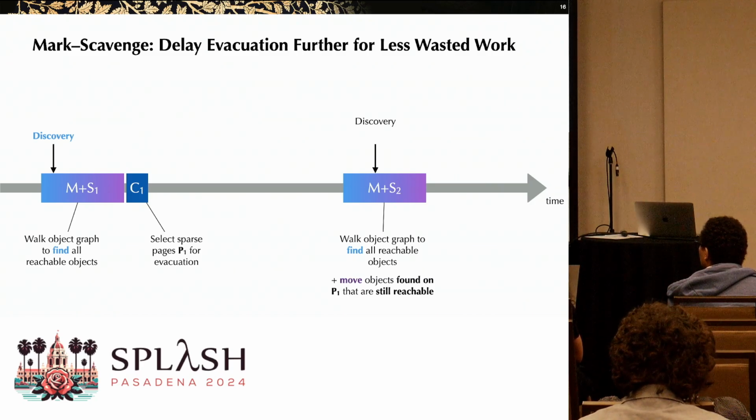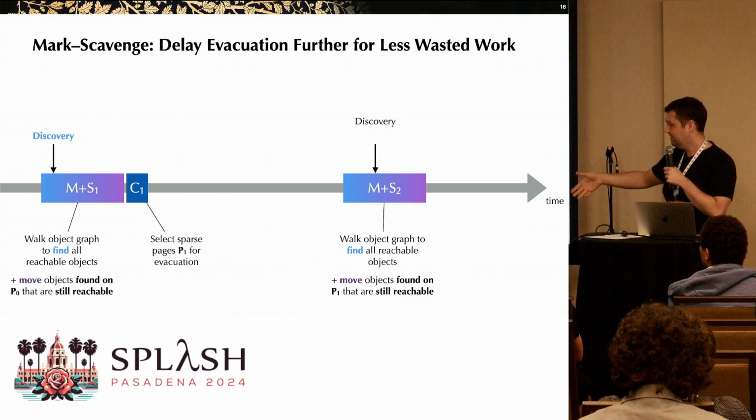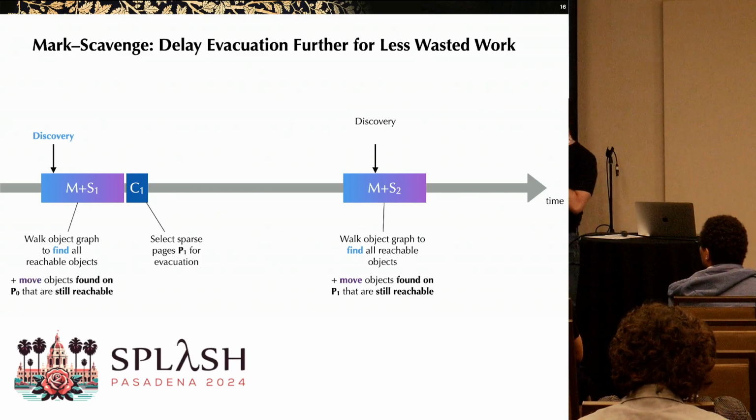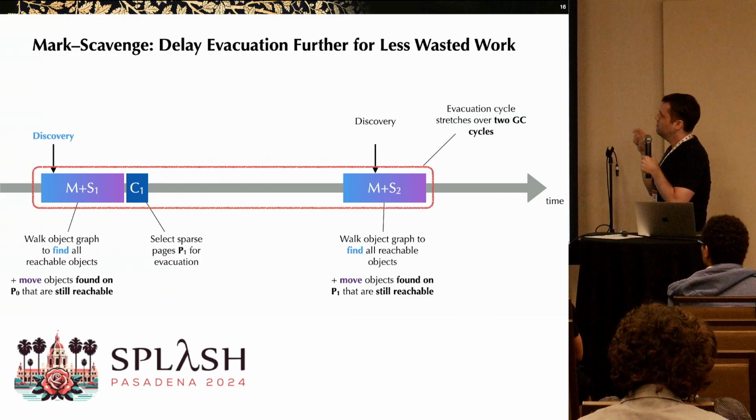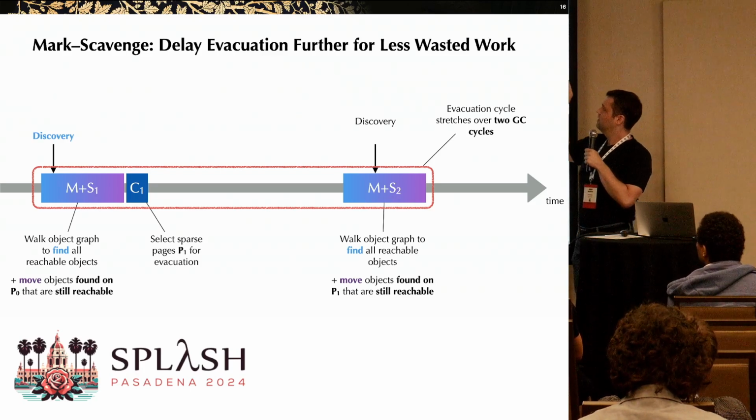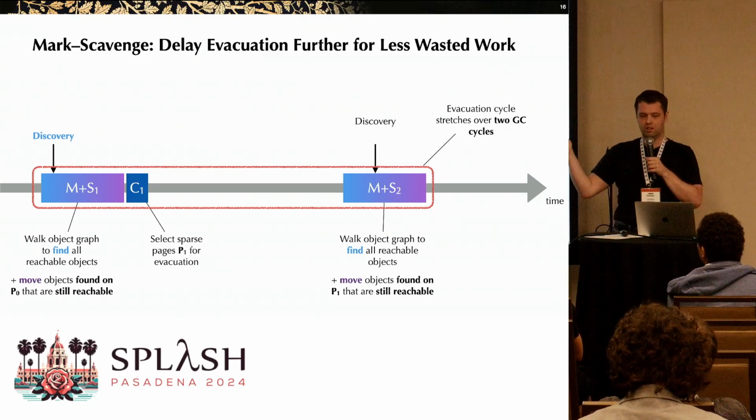And the P1 set, what pages should be in that, was determined in the previous cycle, in C1. And this is, of course, repeated for all the cycles, so the same applies for the previous cycle, but then it's the P0 set, etc. So, in a sense, the mark scavenge cycle stretches over 2 GC cycles.